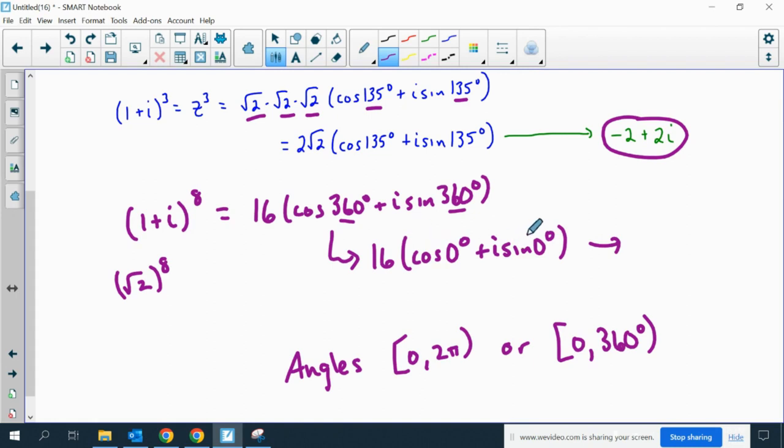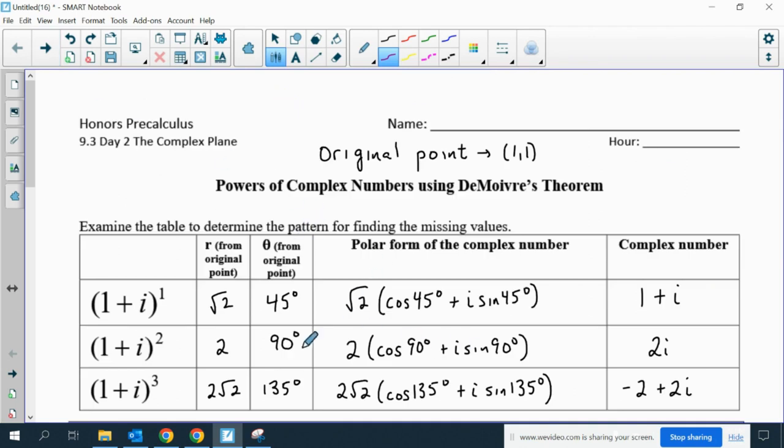If I wrote this in regular complex form, cos 0 is 1, sin 0 is 0, so my answer is just 16, which would be the point (16, 0) on the coordinate plane. So that's kind of why all this works.